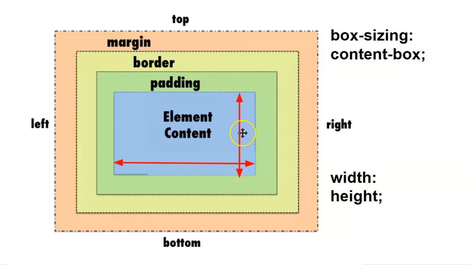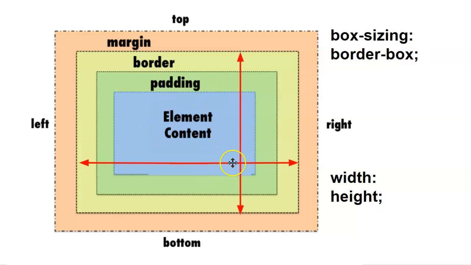Now, there are two ways for the box sizing to work. The default way, the way they did it originally, is that when you set the height and width, it's for the inside content. And when you add padding and border, it grows outside of the original width you gave it. Well, there's a newer way that's more popular now, called border-box sizing.